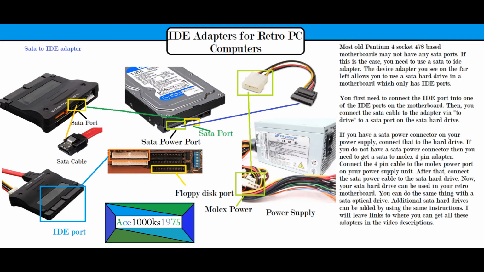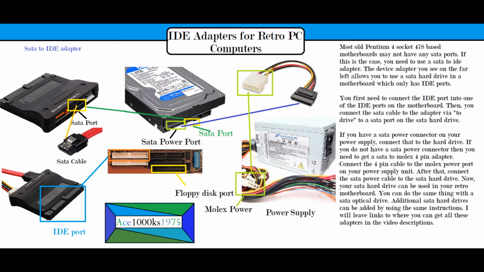So you connect your SATA cable into it, and you connect the other end of the SATA cable into your SATA hard drive, which has another SATA port on the hard drive itself. So you just connect it. And there's also a SATA power port, but I'm going to get to that later.